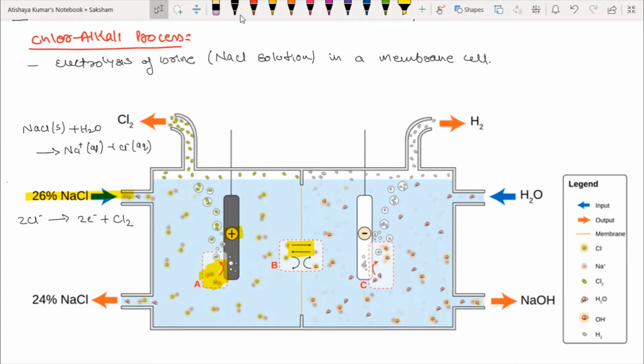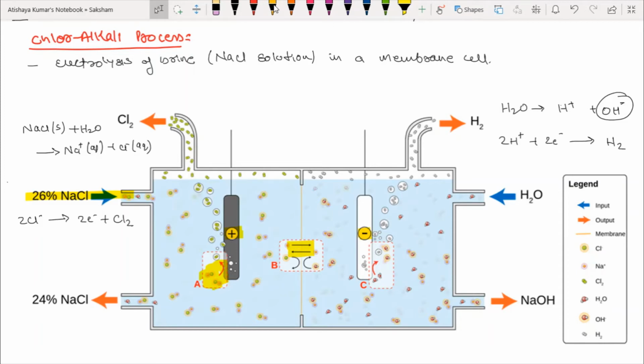If we come to the other chamber, here we have the negatively charged electrode and water is being fed as an input into this chamber. In this chamber, water dissociates into H+ and OH- ions. Two H+ ions will gain two electrons to form one molecule of hydrogen gas, and they will rise up in the chamber, whereas the hydroxide ions will stay in this solution.